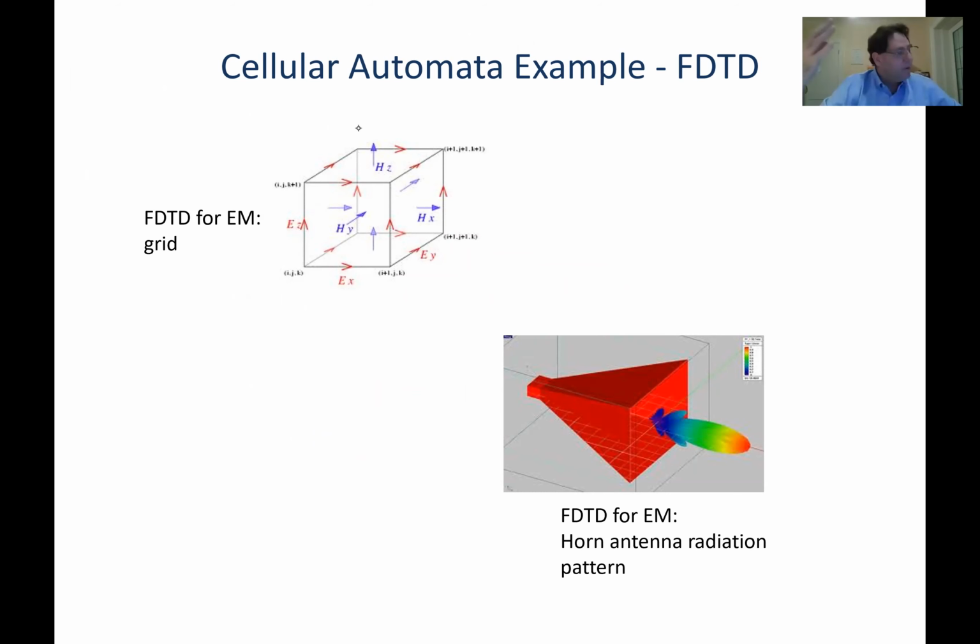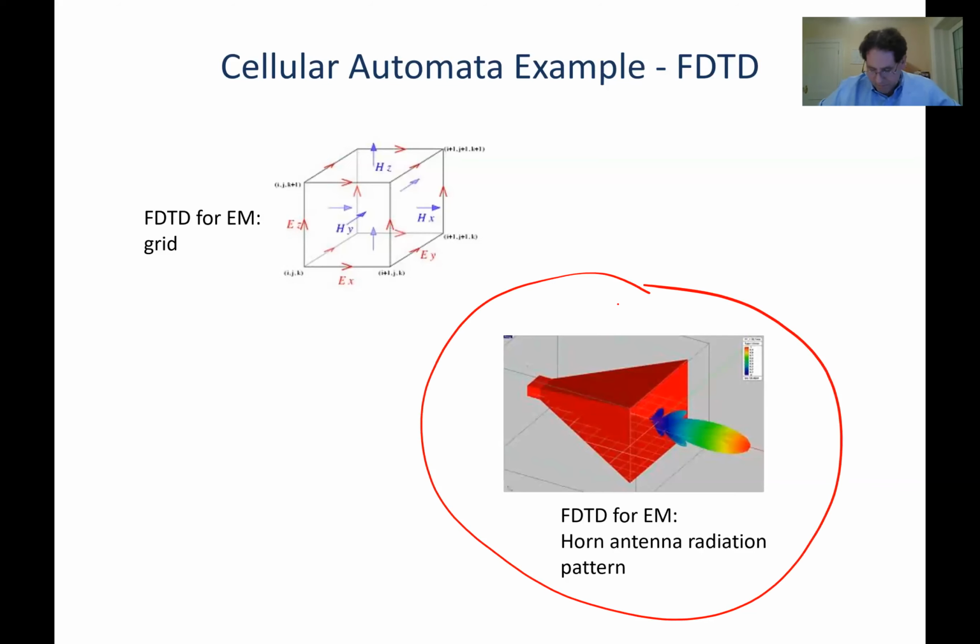Hopefully you believe me that you can take the differential equations, discretize them, and write update equations of how HX gets updated based on the electric fields around it and how they change over time.